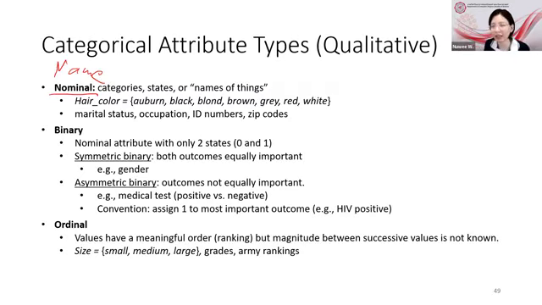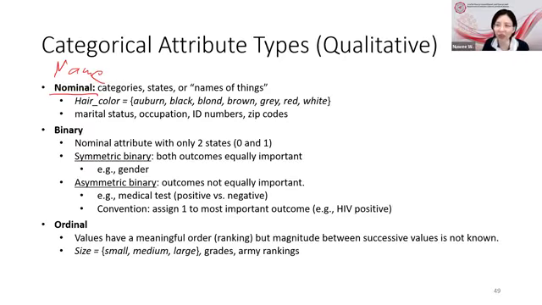For example, colors: red, white, blue, or maybe pork, meat, things like this. So we cannot say, okay, pork is better than meat, or red is better than white. No, nothing. There is no order between them.